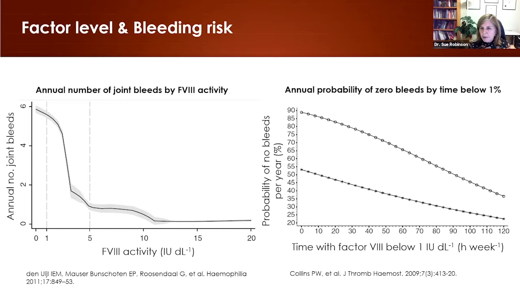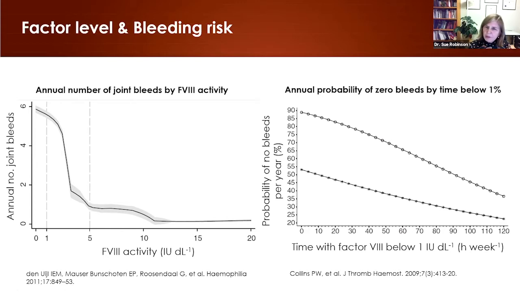So over on the right is looking at the annual probability of 0 bleeds by time. So on the bottom, this is the time that you would have a factor VIII level below the level of 1% or 1 unit per deciliter. So it's how many hours per week is the time vector down here.